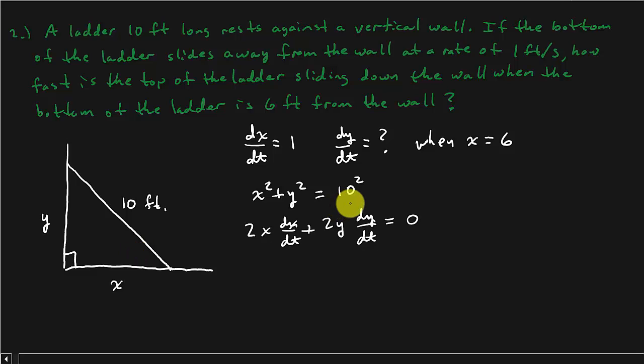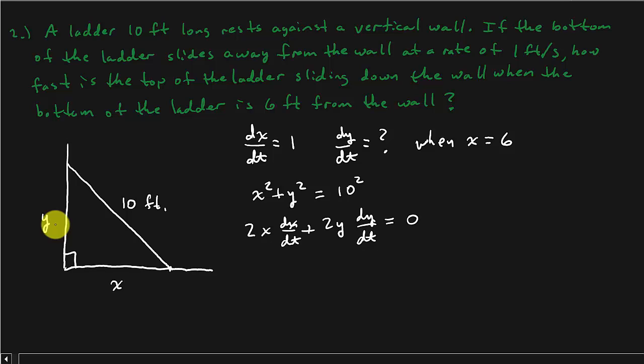So we plug in the 10 because that length is constant the whole time. But as the ladder slides, the distance from the wall to the bottom of the ladder is changing, so x is not 6. They just want to know how fast this point is sliding down when x is 6.